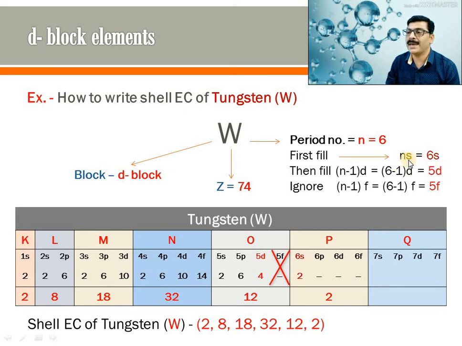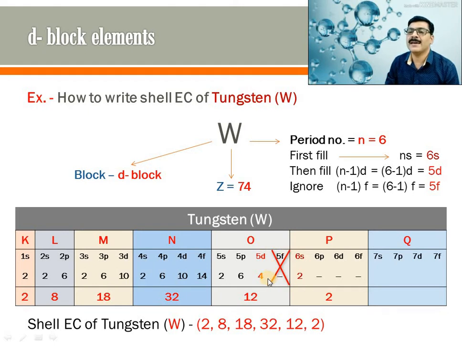Ns means here period number is 6, so 6s fills first, and then n minus 1 d orbital, means 6 minus 1 d means 5d orbital, and ignore n minus 1 f orbital, means 6 minus 1 f means 5f orbital, you have to ignore here. Means for writing d block elements, first we fill up the ns, that is 6s, and then 5d, and 5f you have to ignore.